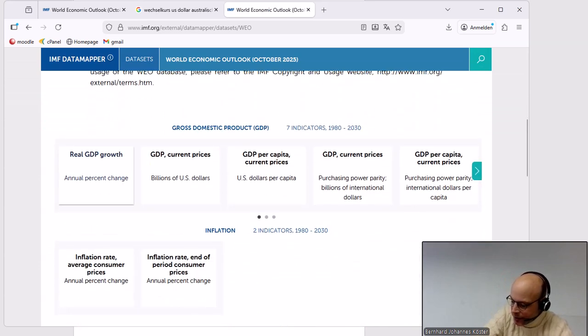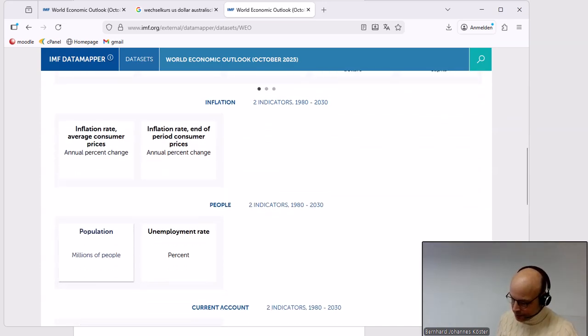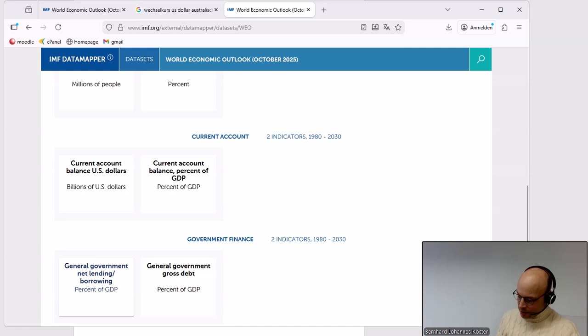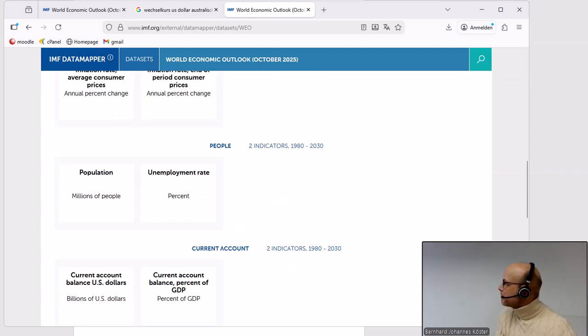Then you see here you have real GDP, you have nominal GDP, you have GDP per capita, purchasing power parity, we didn't do that in our lecture, this is something else. Inflation rates, population, unemployment, and current account, and also some measures of the government expenditure, so government debt, government lending, and so some aggregated macroeconomic variables.